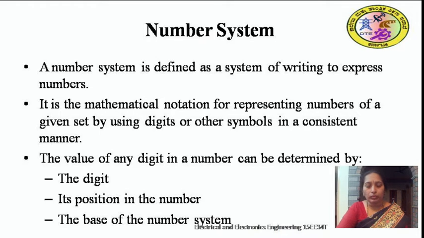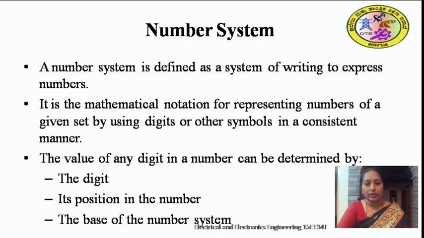Consider an example of 250 and 25. The value of 2 in 250 is 200 because its position is in the hundreds place, and in 25 the value of 2 is 20. So the value of any digit depends on the digit and its position in the number.